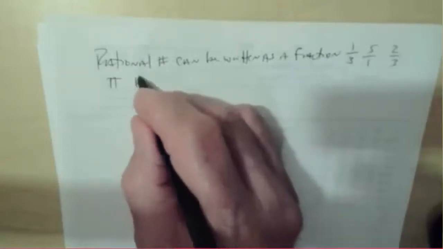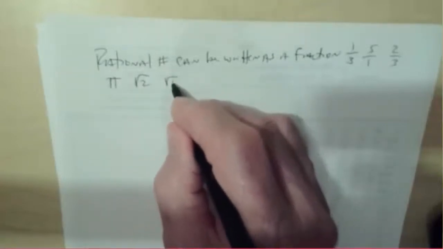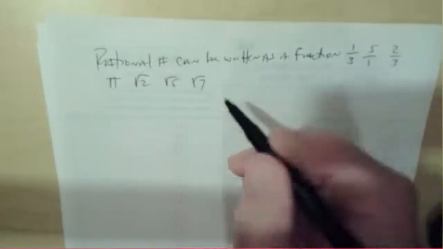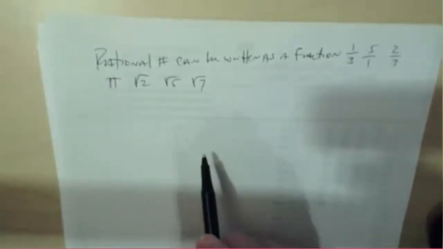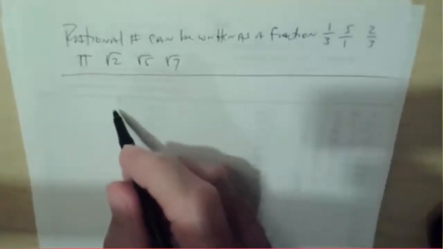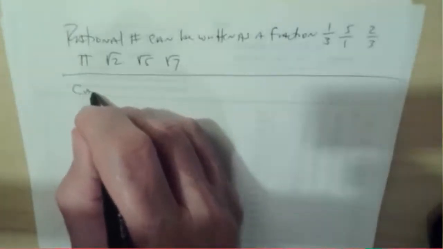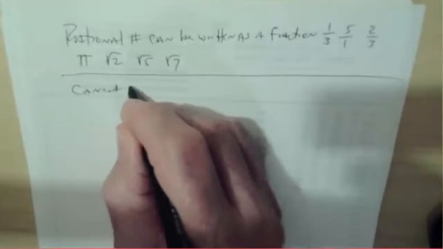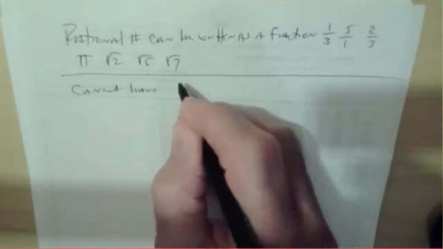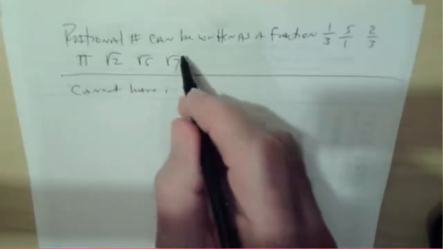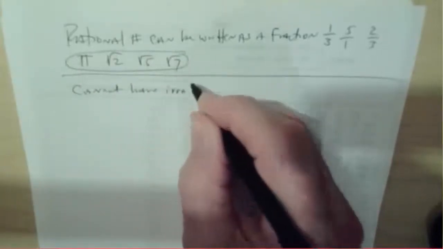Square root of 2, square root of 5, square root of 7, those are all irrational numbers because they cannot be written as a fraction. Okay, now we cannot have irrational numbers like this, these are irrational.